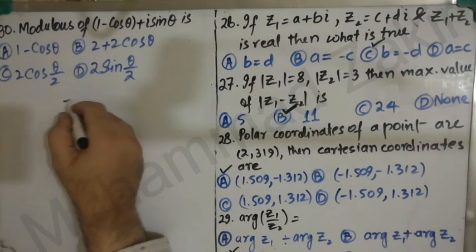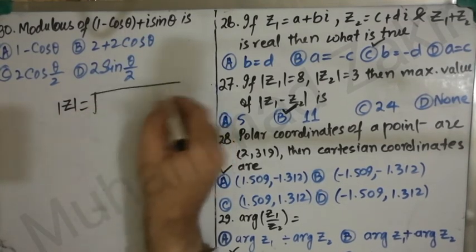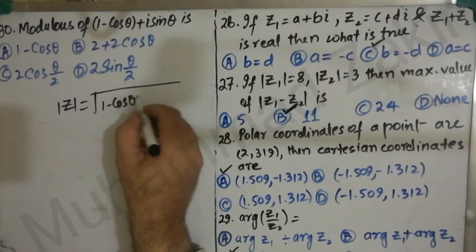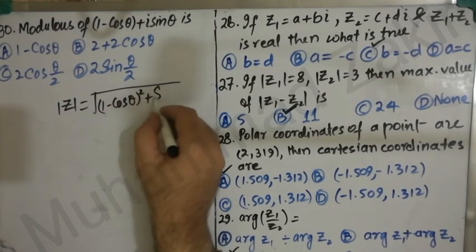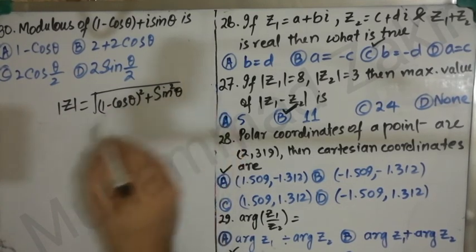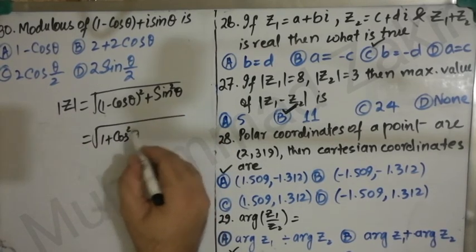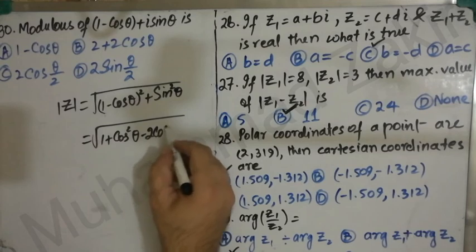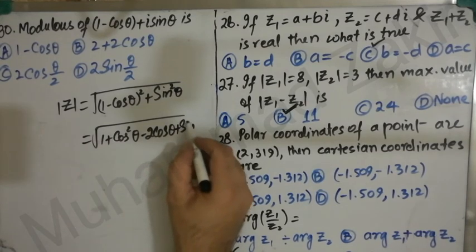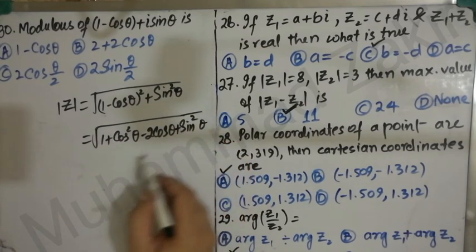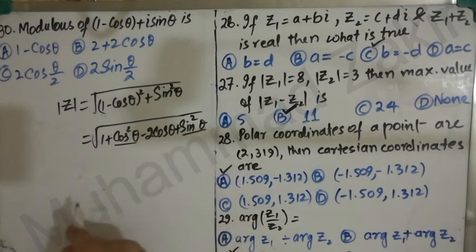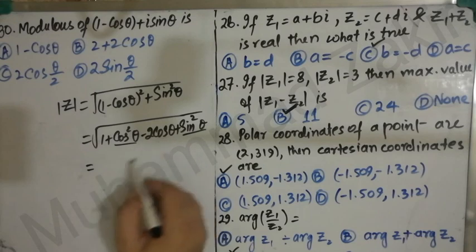If this is z, then its modulus is the real part squared, 1 minus cos theta whole square, plus the imaginary part squared, sin square theta. The whole square is expanded: a square plus b square minus 2ab, so minus 2 cos theta, plus sin square theta can be seen. These two will make 1. 1 plus 1 is 2. 2 minus 2 cos theta.